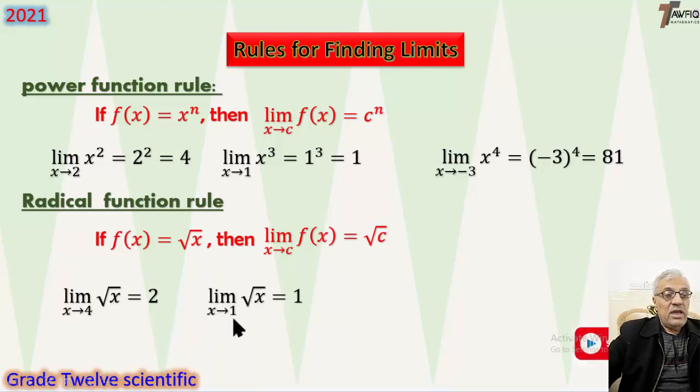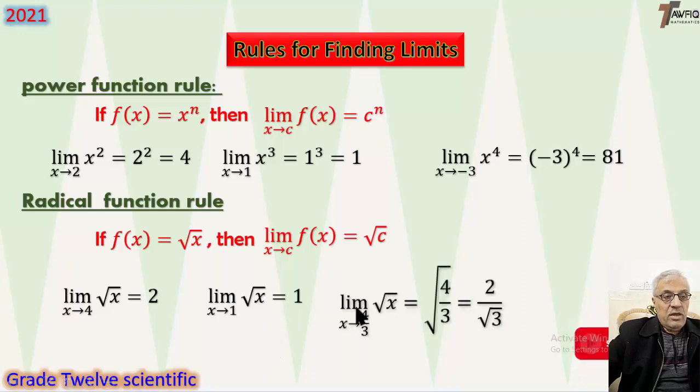The limit when x approaches 1 of square root of x is equal to 1. The limit of square root of x when x approaches 4 over 3 is square root of 4 over square root of 3. Square root of 4 is 2 and square root of 3 remains as it is.